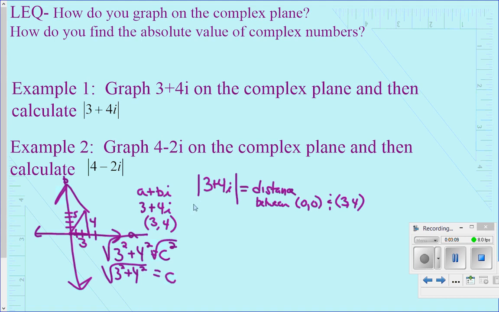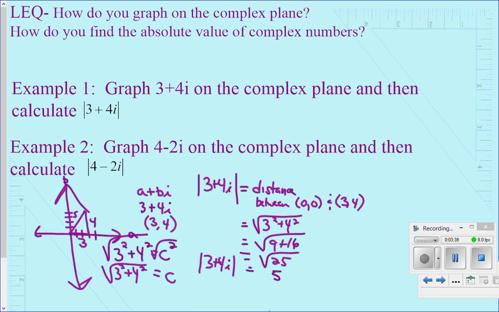That's how we find the absolute value of 3 plus 4i. We're going to take the square root of 3 squared plus 4 squared. That's the square root of 9 plus 16, which is the square root of 25, which we already knew a moment ago is 5. So the distance between (0, 0) and (3, 4), which again is representing 3 plus 4i, is 5.